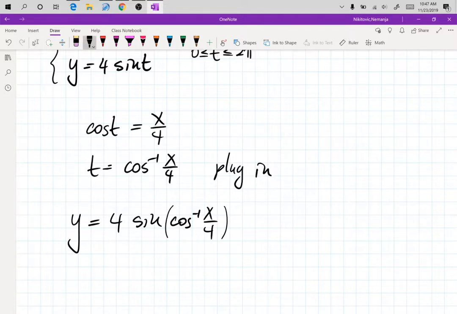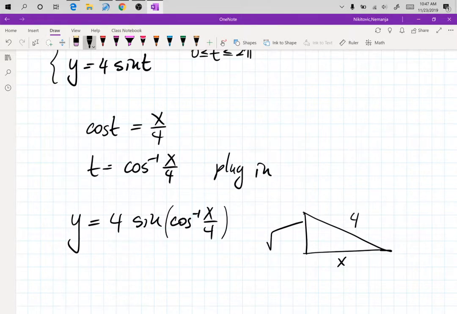And the way you solve this is you draw a triangle on a side, and you fill it with the cosine information, and then you extract the sine. Cosine is adjacent over hypotenuse, so x goes on the adjacent on the bottom and 4 goes on the hypotenuse on top, because this is where your angle t is.